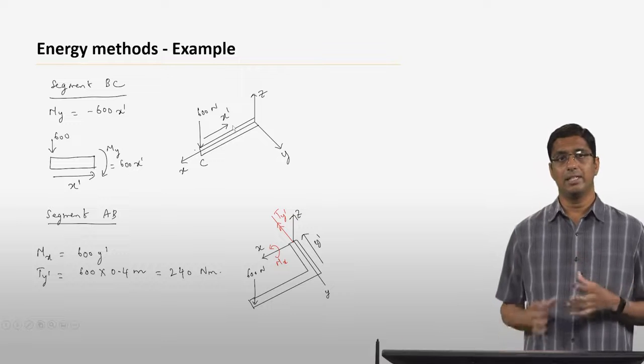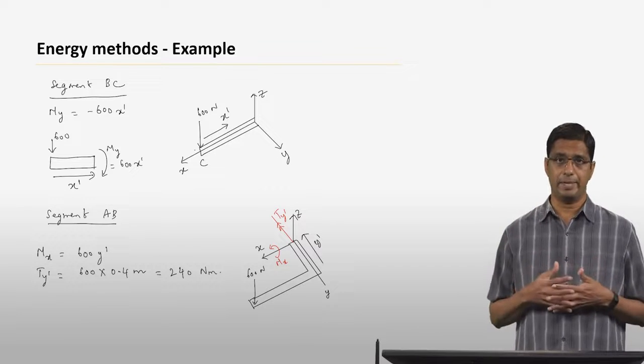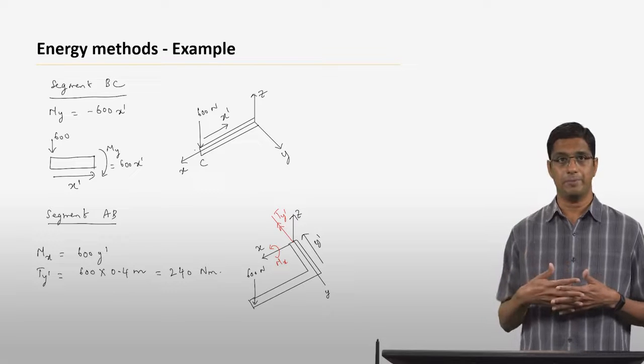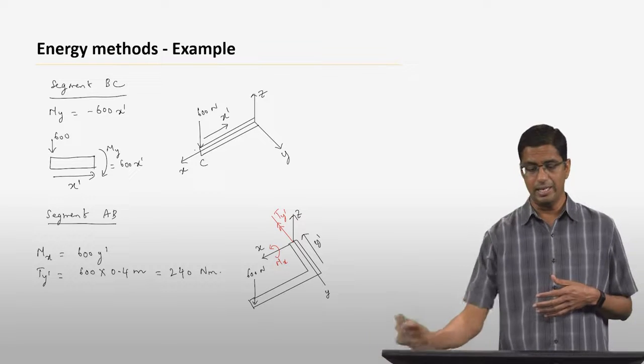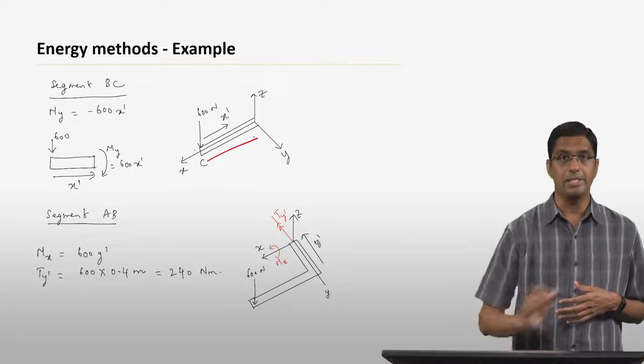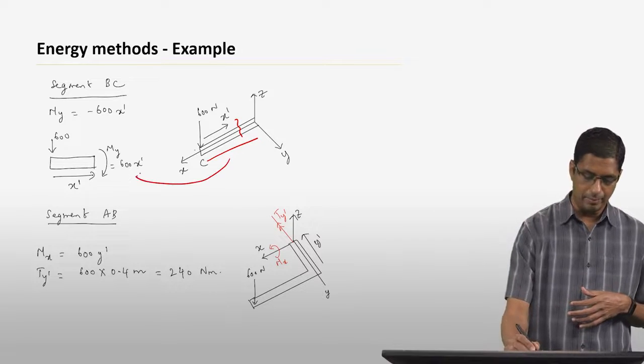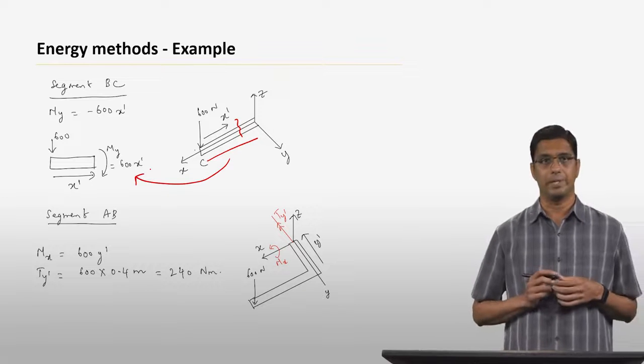The reason we have this local coordinate x prime is because it makes the moment function a little bit simpler. So we look at this segment CB, we take a cut, and then we look at the free body diagram of that cut.